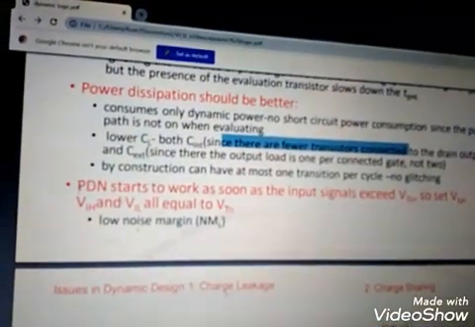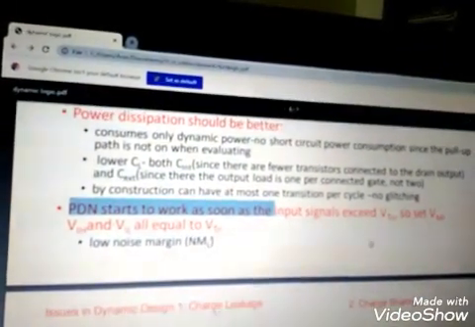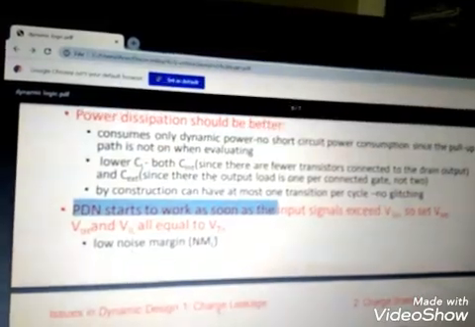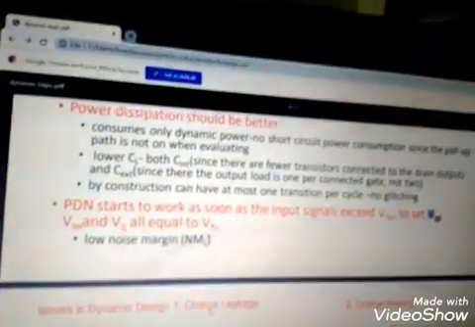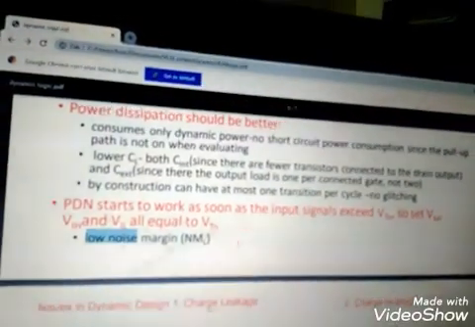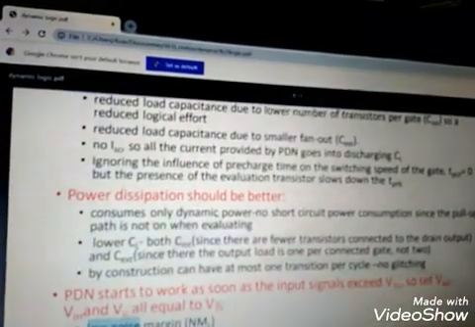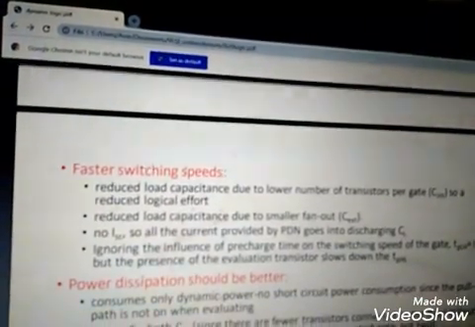At last, the pull down network starts to work as soon as the input signal exceeds a particular threshold voltage. And we have a mid-band voltage Vm, so which relates with the low noise margin concepts. So with this, we just conclude the features of dynamic design. Thank you.